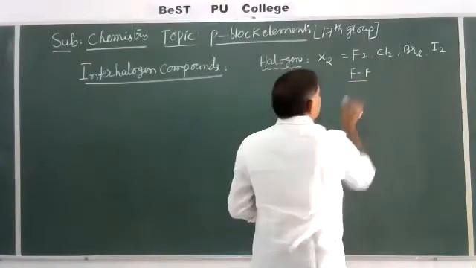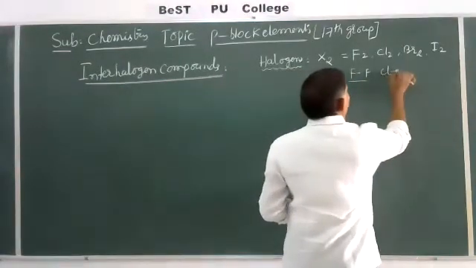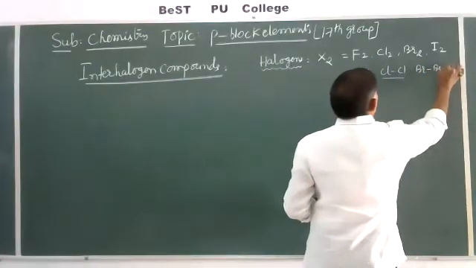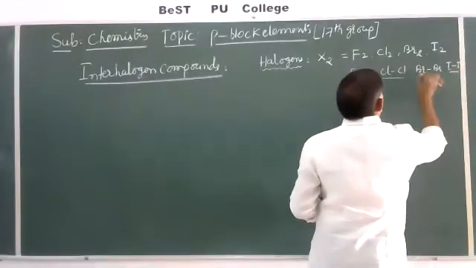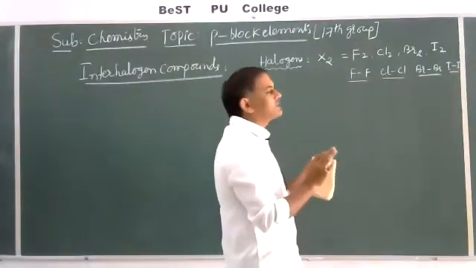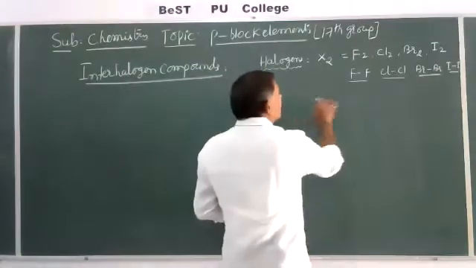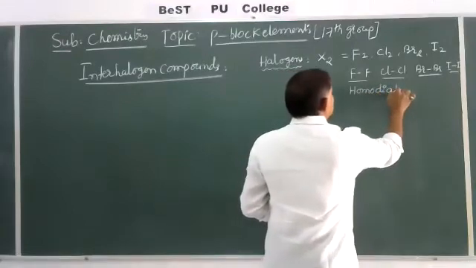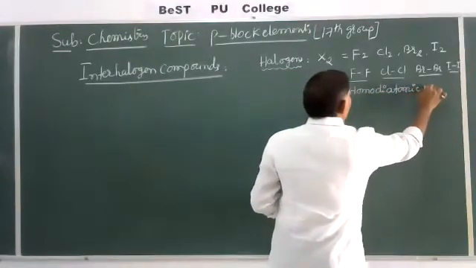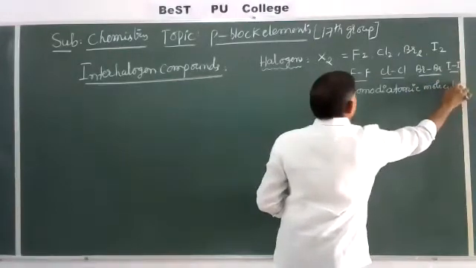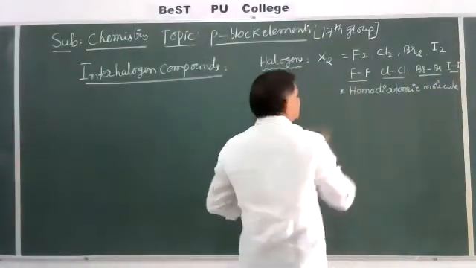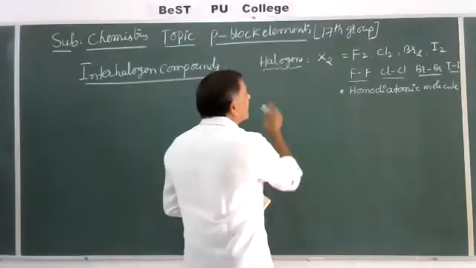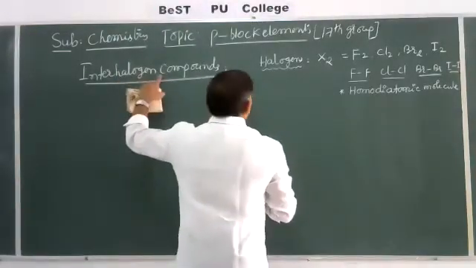Like chlorine and chlorine, bromine and bromine, iodine and iodine, a covalent bond exists. Both atoms are the same. That's why these are called homodiatomic molecules, because two atoms of the same type are present. Now the heading is interhalogen compounds.